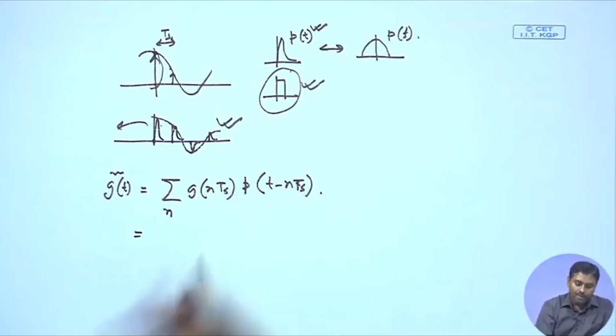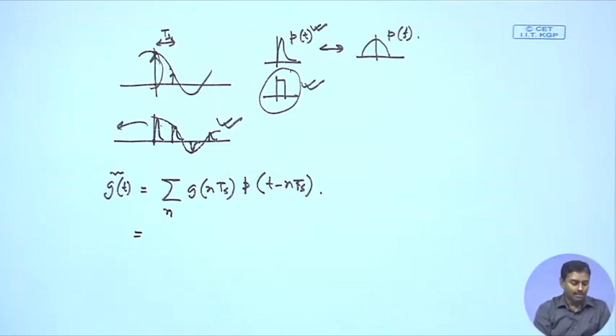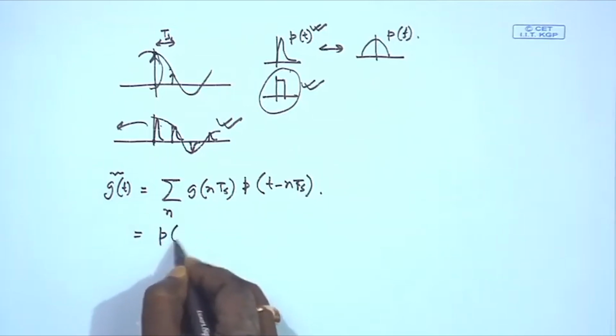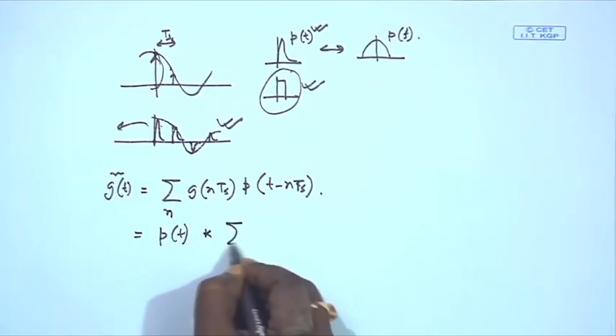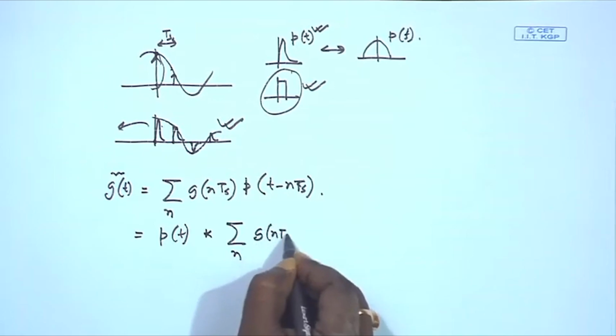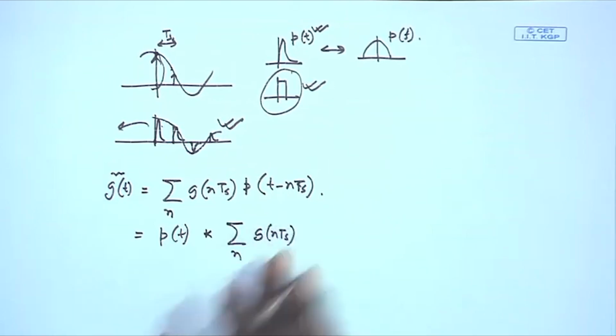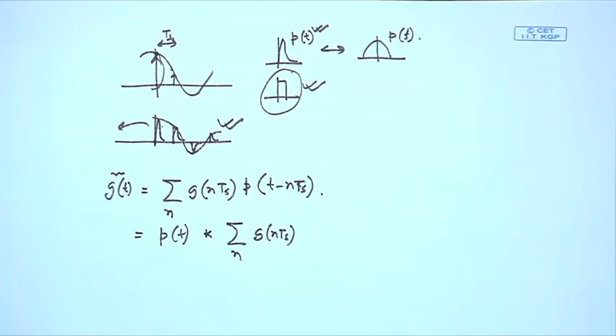So, this is my overall pulse modulated signal. Now, p(t) I can always write as the pulse convolved with delta, because any signal convolved with delta remains the same. So, I can write this as p(t) convolved with the summation over n of g(nTs) delta(t minus nTs). The g(nTs) has nothing to do with t, so it is just a constant, and the summation and the convolution can be exchanged.